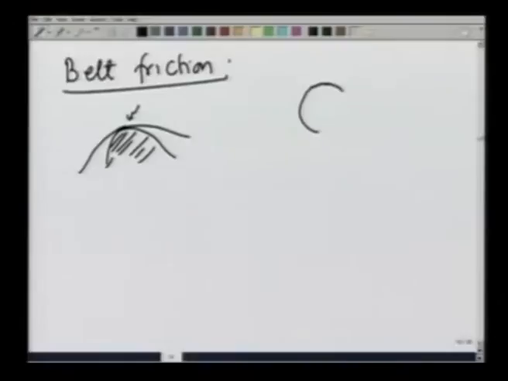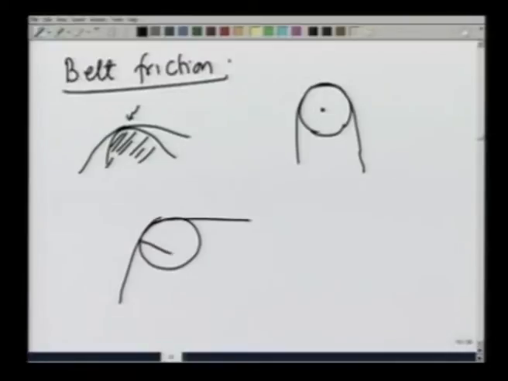For simplicity, we take a pulley, a fixed pulley, and let a rope go around it at some angle. So, the contact angle here is theta 0.